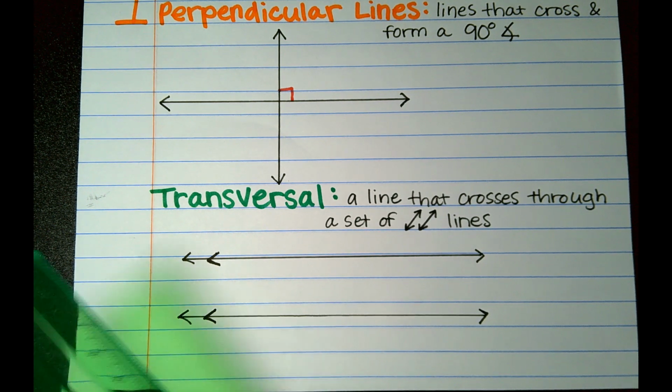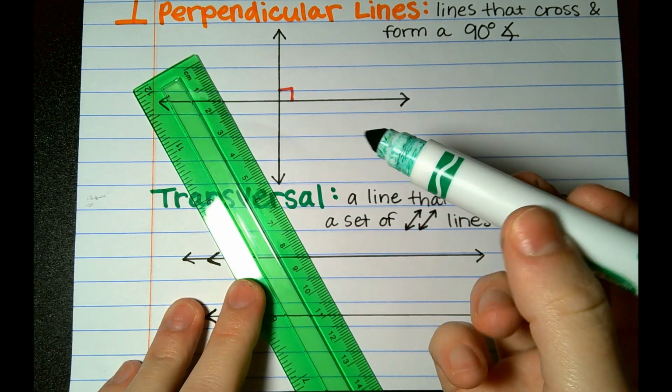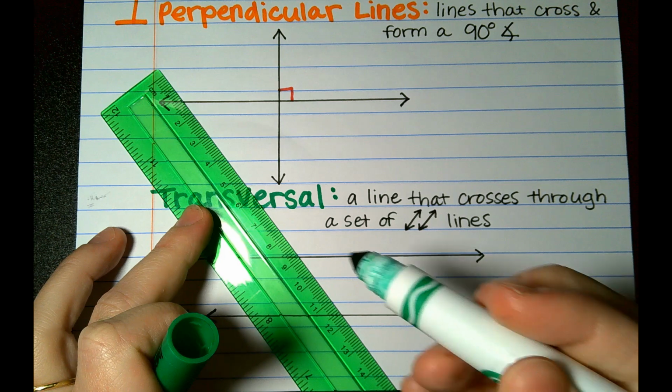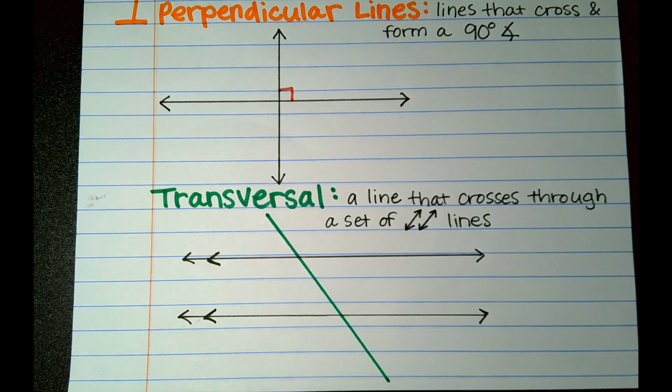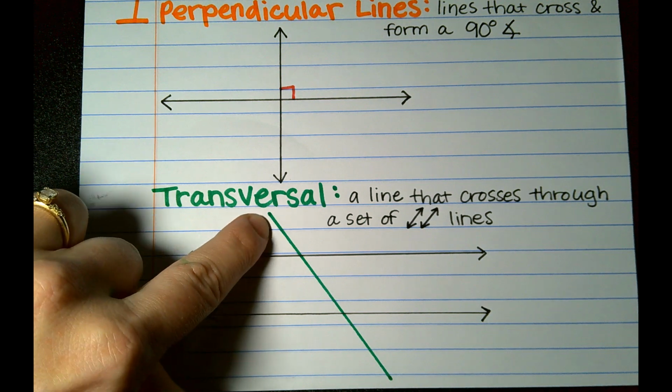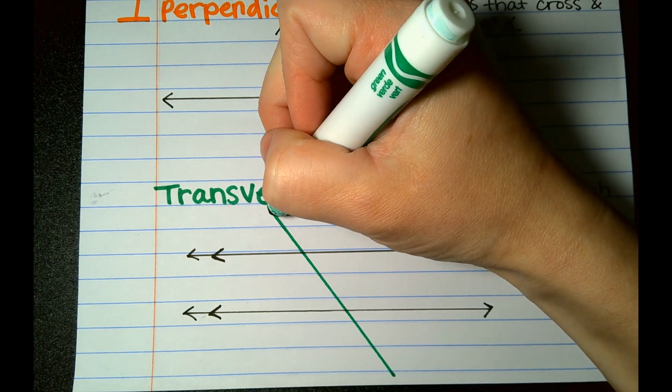And the transversal is going to be a line that goes through these. So I'm just going to draw with green, the same color I wrote my word in, like that. That's a transversal. It is a line that crosses through both of these lines that are parallel to each other.